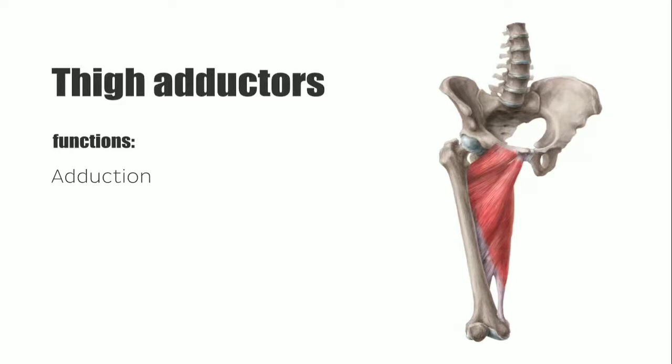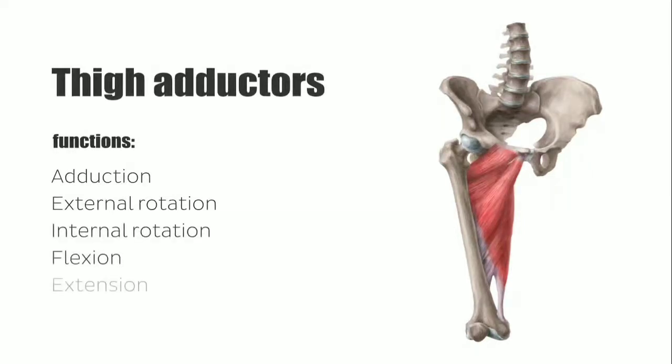They also contribute to other functions, which include external rotation, internal rotation, flexion, and extension. Now, the hip adductors are particularly used when you cross your legs, and overall they play an important role in balancing your pelvis during standing and also when you walk.